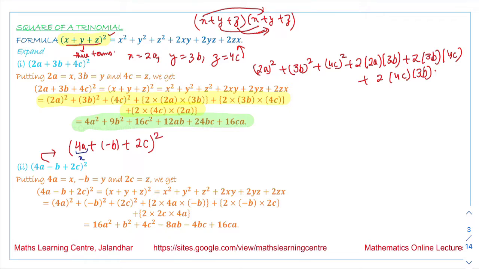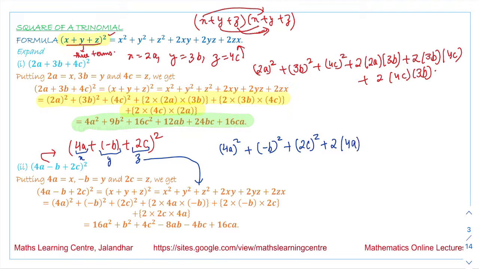So this 4a is x, minus b is y, and 2c is z. We just have to substitute these values in this formula. So x square will become (4a) square, y square will become (minus b) square, z square will become (2c) square, plus 2 times x into y, which means 4a into minus b.